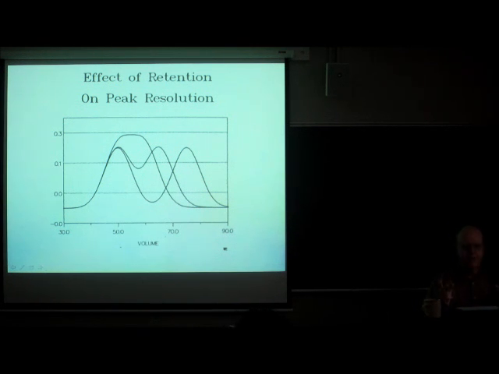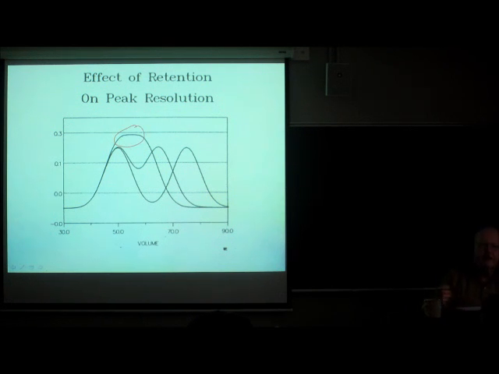They have the same width, and they have the same amount of material, the same W in them, but I've got different retention volumes. I'm going to leave one retention volume alone, and I'm going to change the other retention volume, and I'm going to make the other retention volume bigger and bigger and bigger.